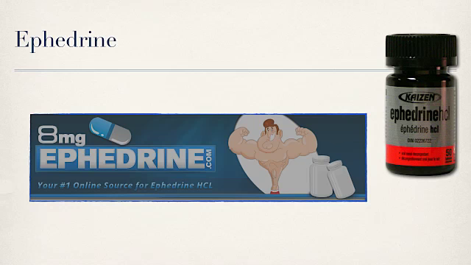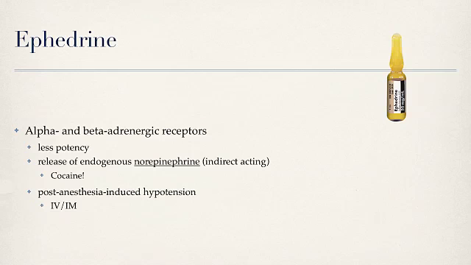In patients with abundant stores, or patients who cannot metabolize the released norepinephrine, like patients on cocaine or with cocaine toxicity, also patients with pheochromocytoma and so forth, it might be unpredictable.